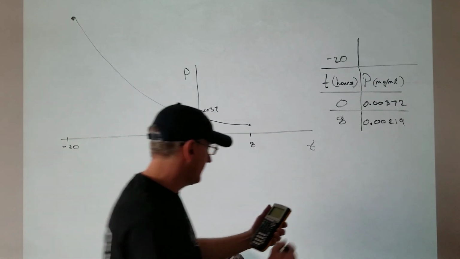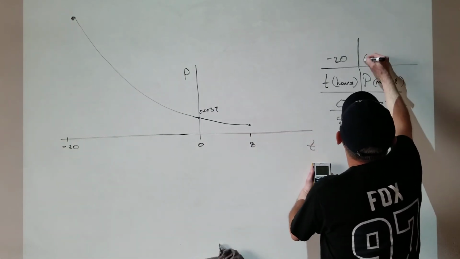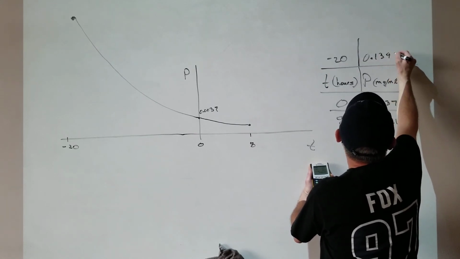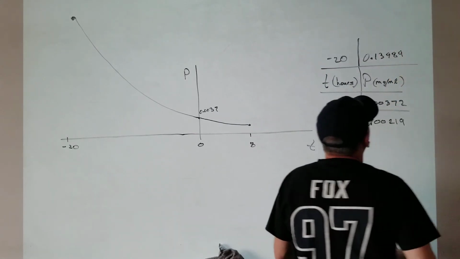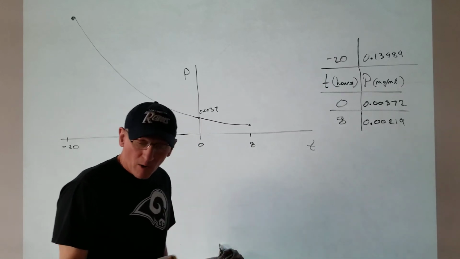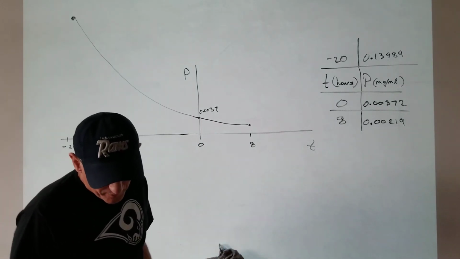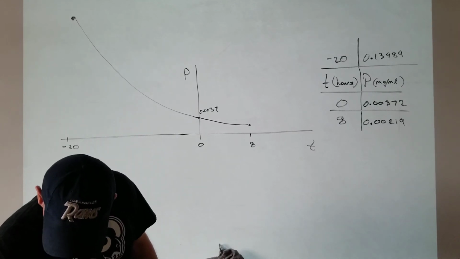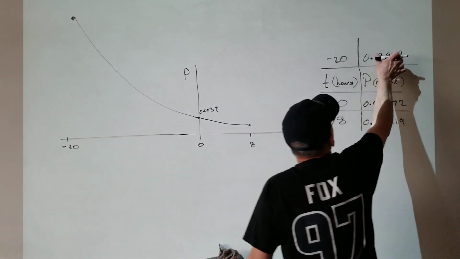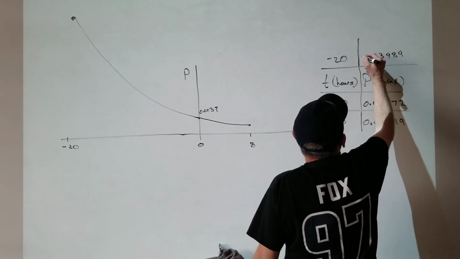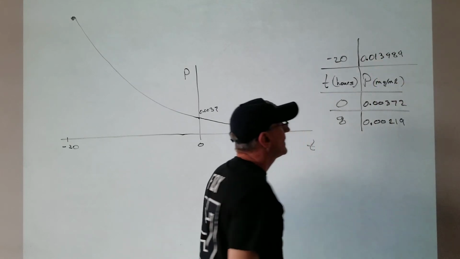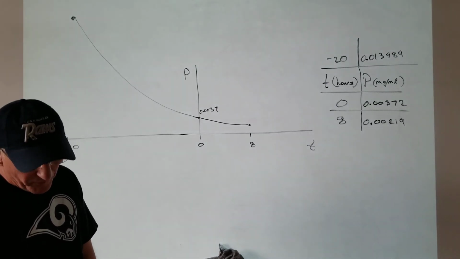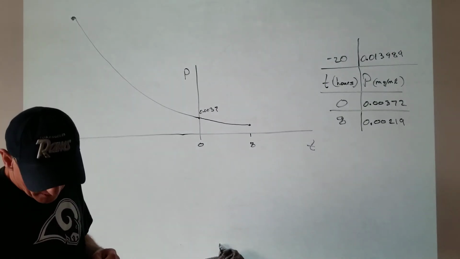And it says that the concentration was 0.13989, which is below what the doctor said would have been a dangerous level. Oh, I'm missing a 0 here. Excuse me. There we go. That's the correct answer. That's below 0.015. And so you came close, but it looks like you're going to be all right.